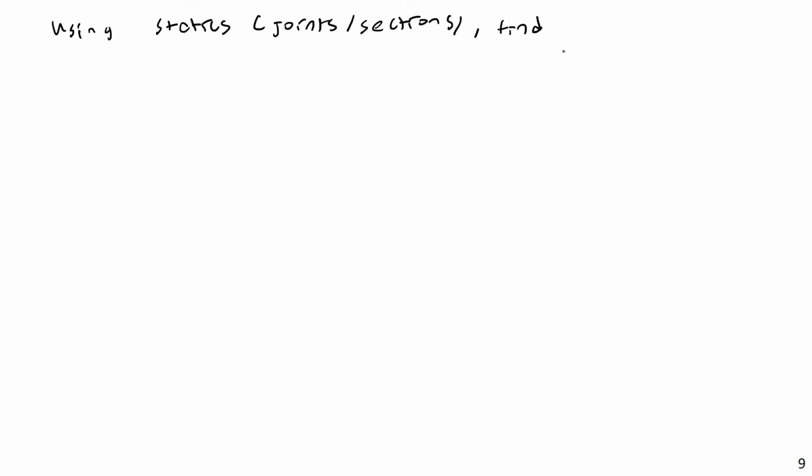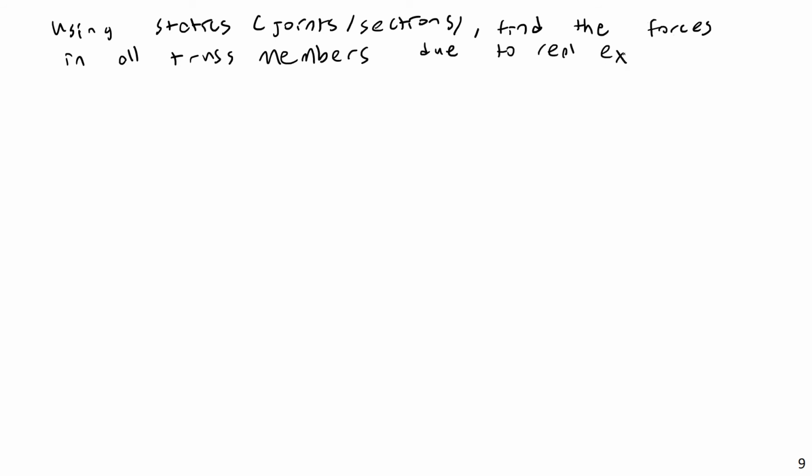Find the forces in all truss members due to the real loads. And in this context, the real loads are all of the loads applied to the structure, the real external loads.